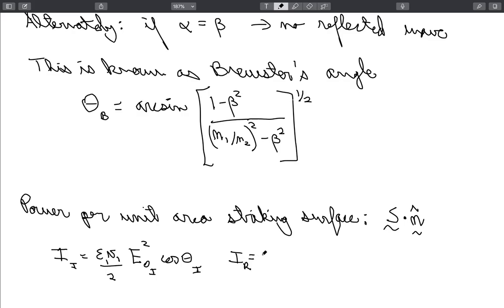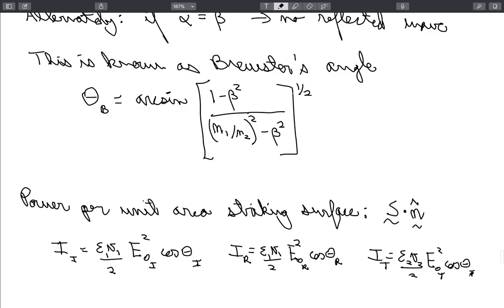So R is still epsilon 1 v1 over 2, but now with the reflected amplitude squared times cos theta R, which is theta I, and the transmitted one, apologies, epsilon 2 v2 over 2, E0 transmitted squared with the cos theta t, which is again a function of the incident angle.